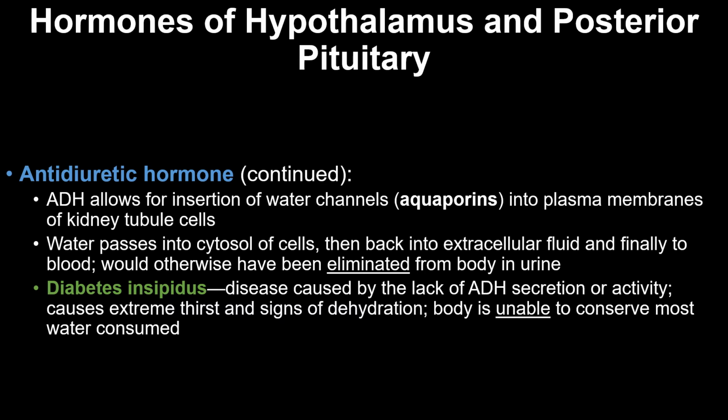Most forms of diabetes insipidus are treated the same way. It's an administration of synthetic ADH. And please don't confuse diabetes insipidus with diabetes mellitus. This is a separate condition that we'll discuss in a little bit. Diabetes simply refers to the term of excessive urination.